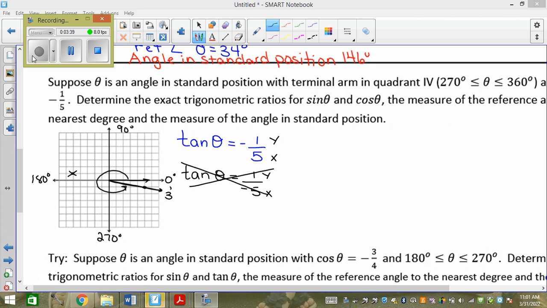What do I need to find first in order to get the standard position angle? The reference angle, correct? And the reference angle is always of the what? Positive trig ratio. Remember, even if the trig ratio is negative, we don't care if we're doing the reference angle.